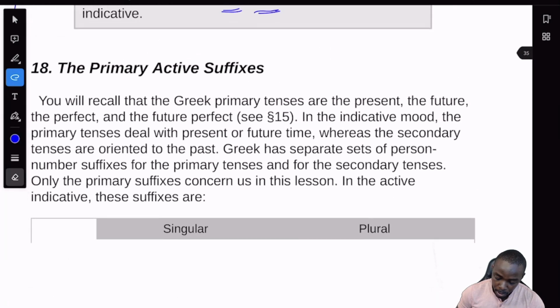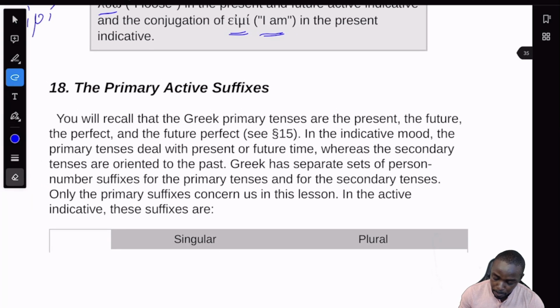All right. You will recall that the Greek primary tenses are the present, the future, the perfect, and the future perfect. And we just saw that at the end of chapter 2. In the indicative mood, the primary tenses deal with present or future time, whereas the secondary tenses are oriented to the past.